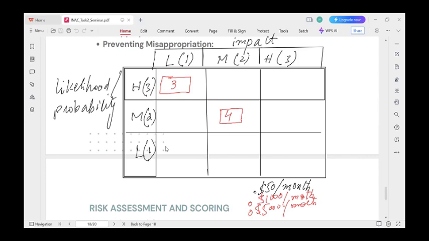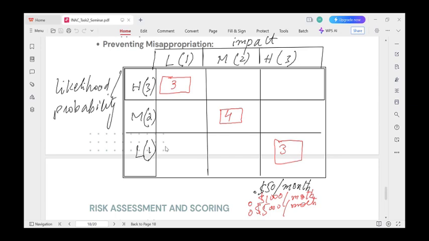But the impact is high from your perspective. Your company has, let's say, revenue of 50,000. So 5,000 matters, that's 10% of your revenue, which is significant, right? So the likelihood is low, but the impact is high. So you're landing in this box. So what's the score? The score is 3, okay?